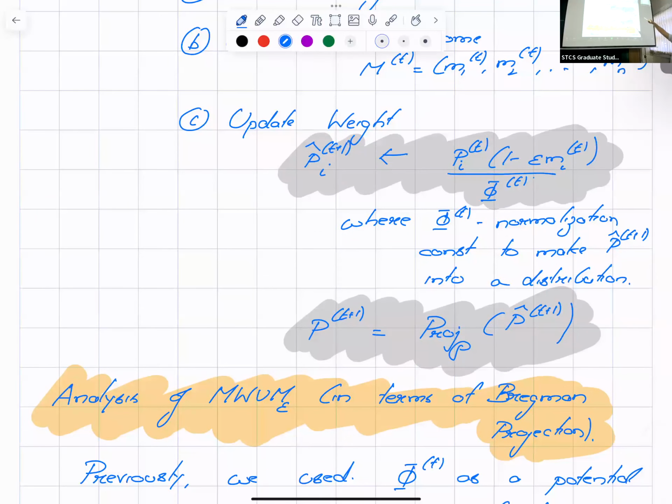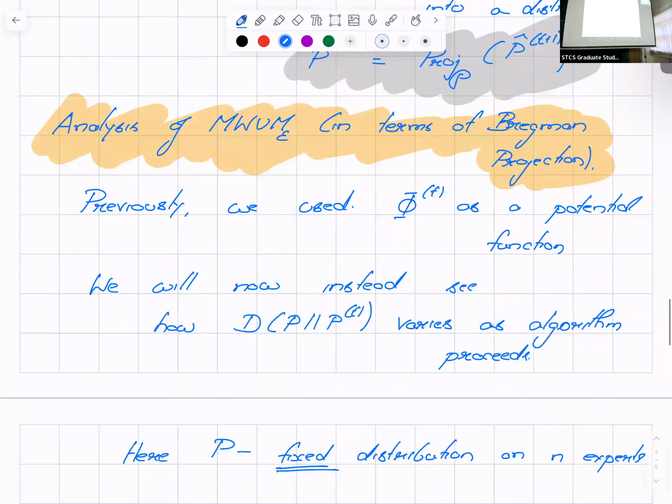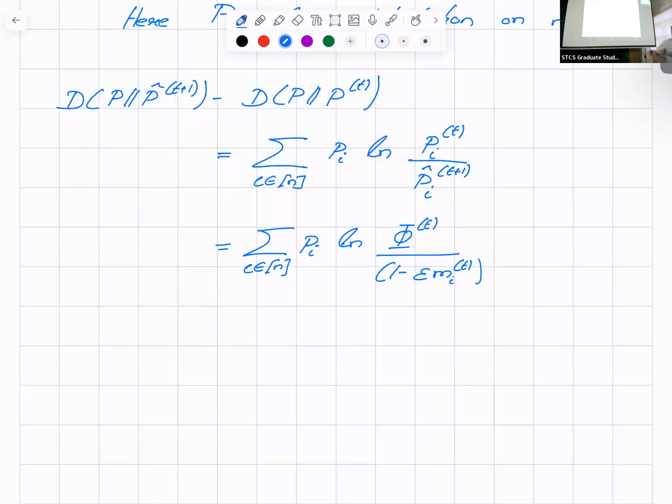So PIT is exactly that quantity. So this is just ln PT minus summation Pi.